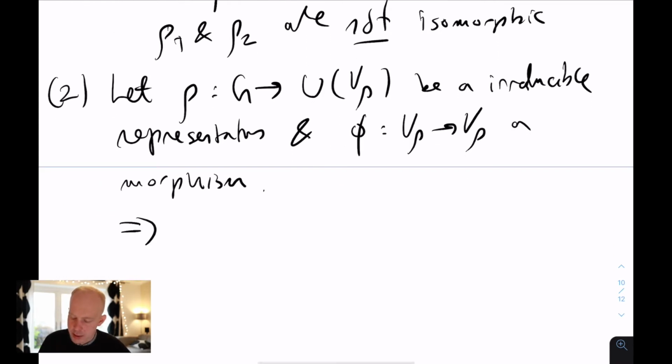Then this implies that, if this is an irreducible representation, you have a morphism from the vector space to itself.